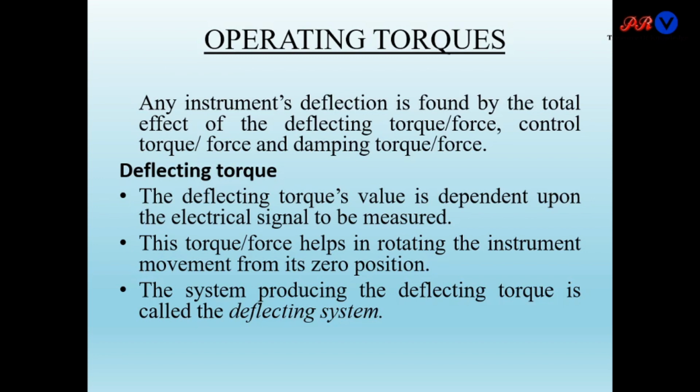Its value is proportional to the electrical signal to be measured, and it is used to rotate the pointer of the instrument from its zero position, because a pointer will deflect to show the value of the measured quantity.